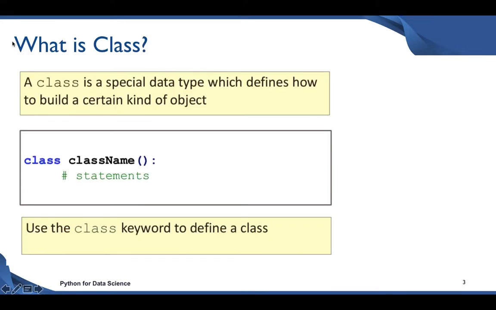Okay, so what is a class? So class is a special data type which defines how to build a certain kind of object, right? So basically in this class, we are trying to build a blueprint, right? And this blueprint could be used as a different object.